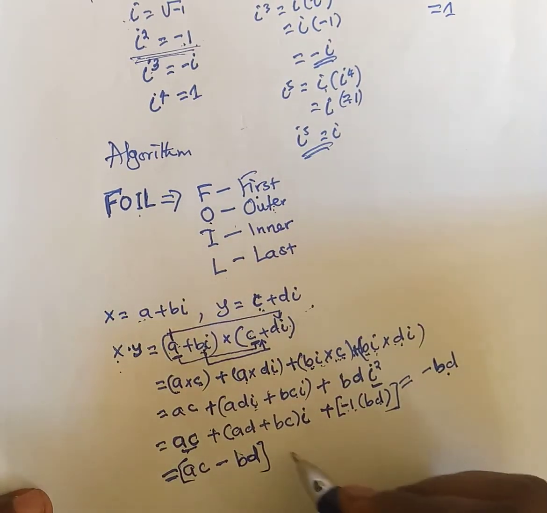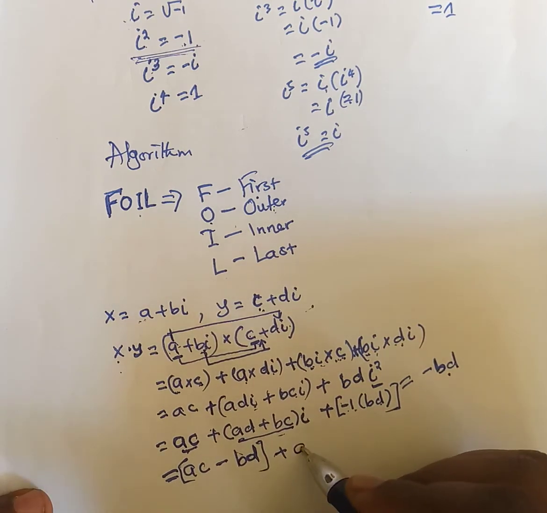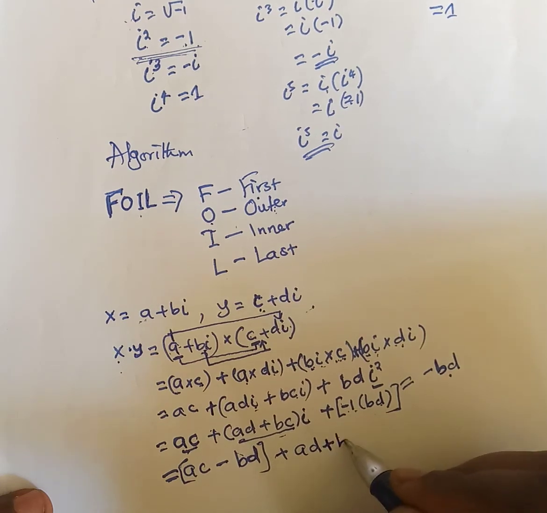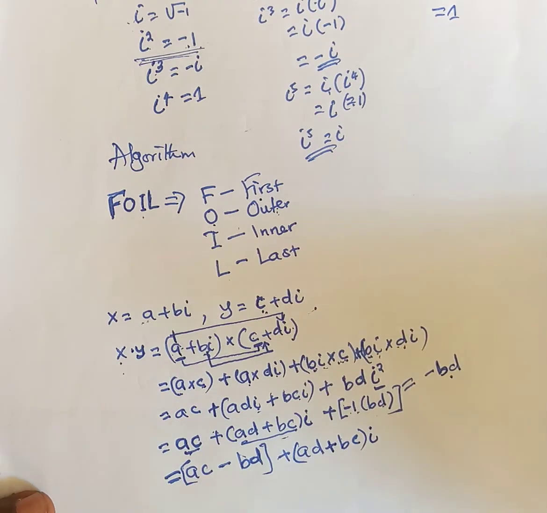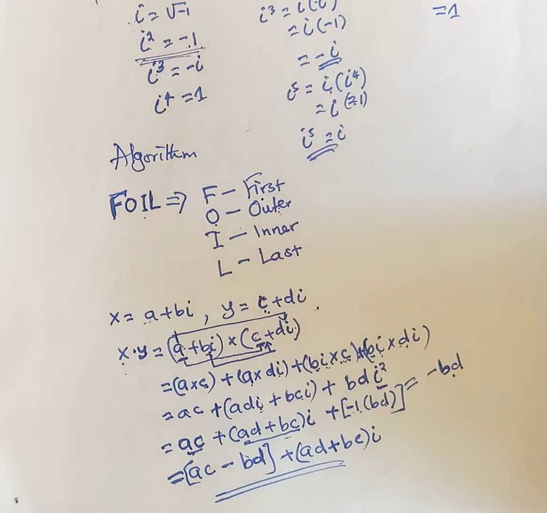You can group that, then plus the other group, which is AD plus BC, then all that multiplied by i. That will be the product of those two complex numbers.